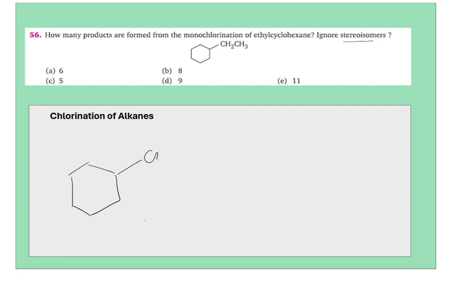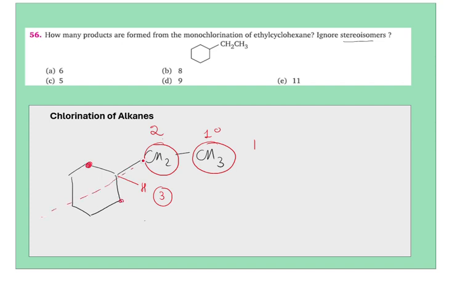This is the molecule. Let's count different types of carbons we have. So look at this. This is primary. So upon replacing, I am going to get one product. This is secondary. Upon replacing it, I will get two products, that means 1 and 2. Upon replacing this hydrogen, I will get the third product. But look at this carbon and this carbon.